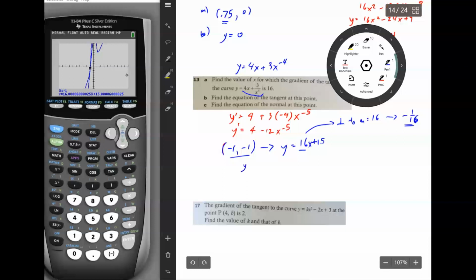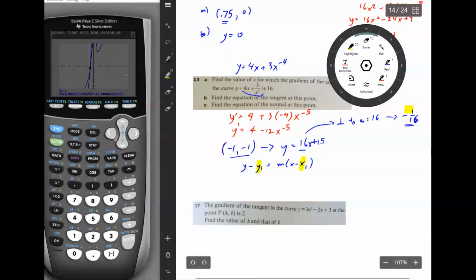So first what I'm going to do is write the equation for point slope form. And then I'm going to fill in the yellow numbers with -1, -1.